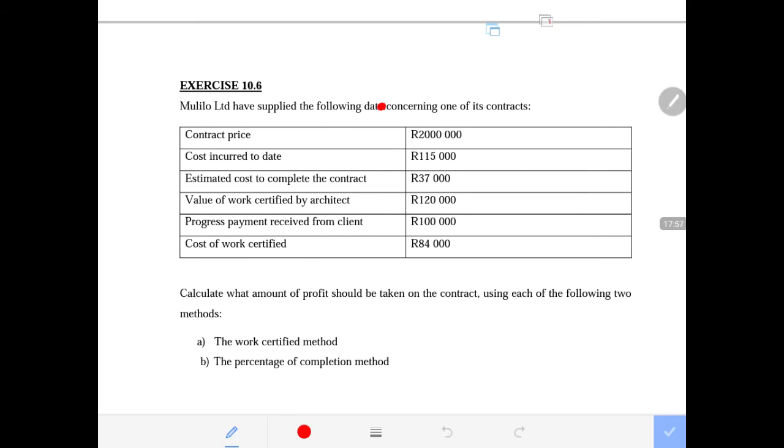Now I just want to bring this across, as I did in the previous questions. The value of the work that was completed is 120,000 rands, but we have received only 100,000 rands. The difference of 20,000 rands is what we call the retention amount.